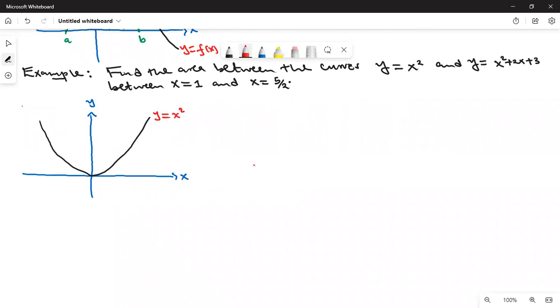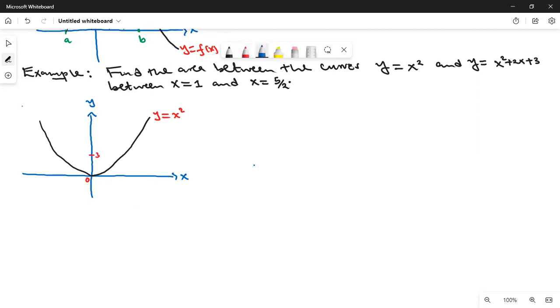Now I need the other curve, y equals x squared plus 2x plus 3. What is the x-intercept? And what is the y-intercept? The y-intercept is 3, so that curve will be at some point here. Remember, here we have 0, here we'll have 3. So it will be something like this.